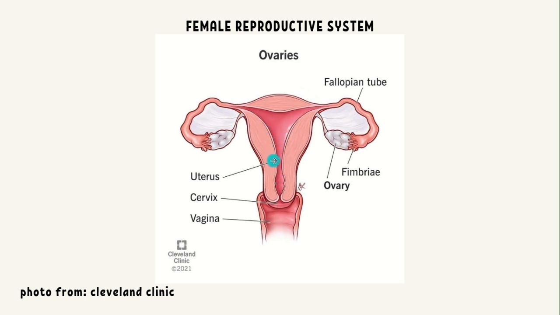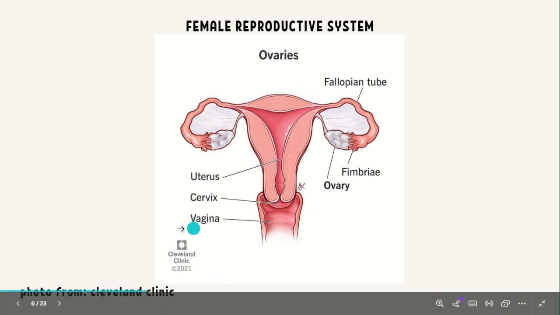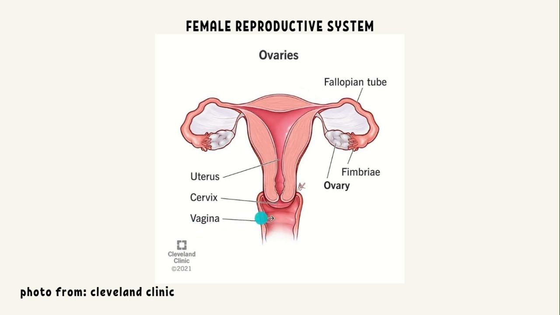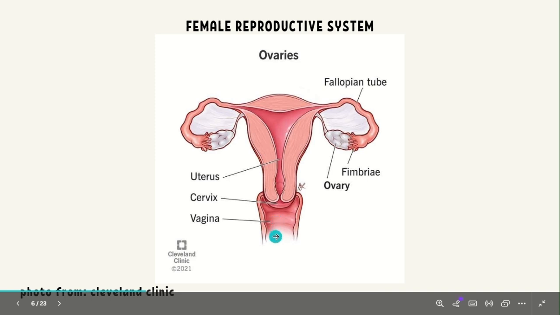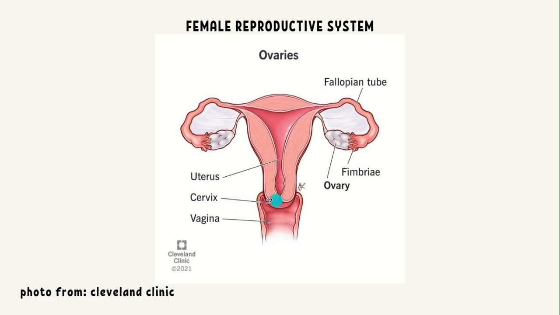So the space in here is the uterus. I feel like we've not started from the wrong place, but okay. This is where the vagina is down here, right? So this is the vaginal opening down here, and then you have the cervix to the back.